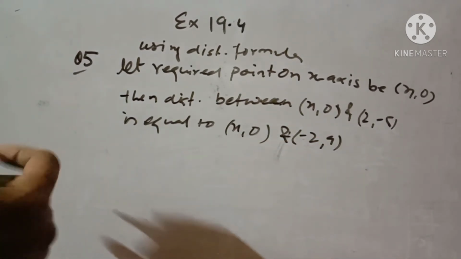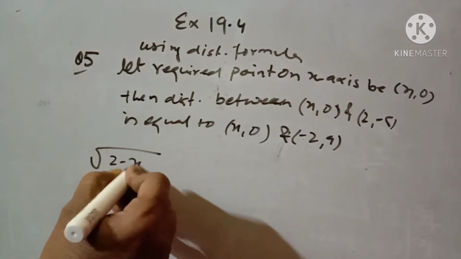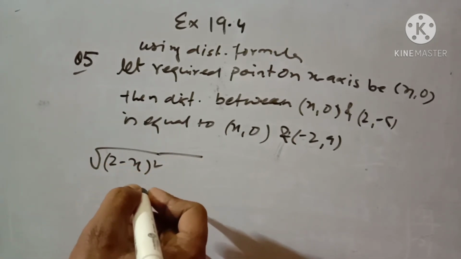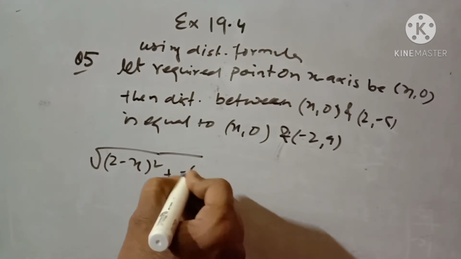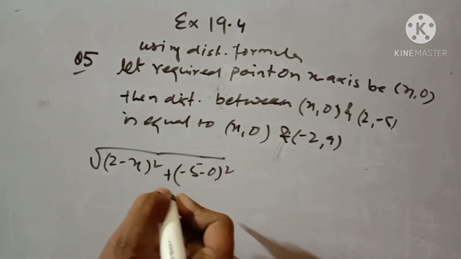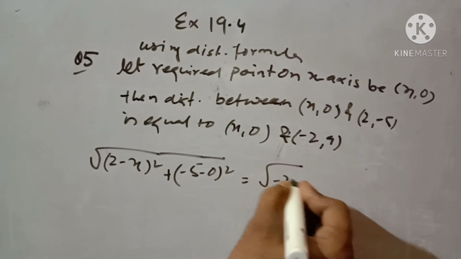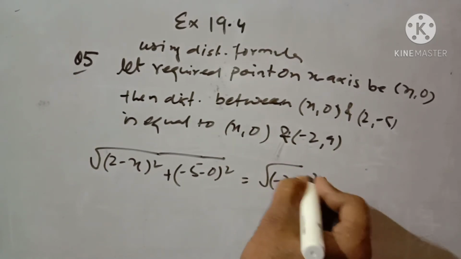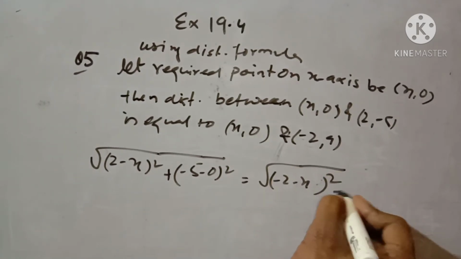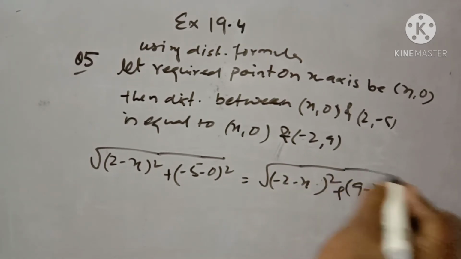So we can write under root (2 minus x) whole square plus (-5 minus 0) whole square is equal to under root (-2 minus x) whole square plus (9 minus 0) whole square.